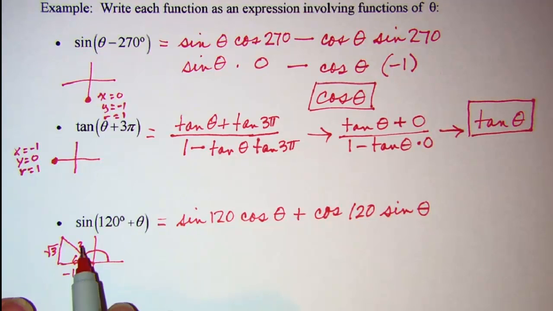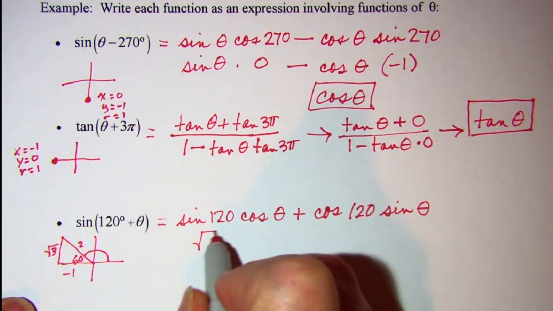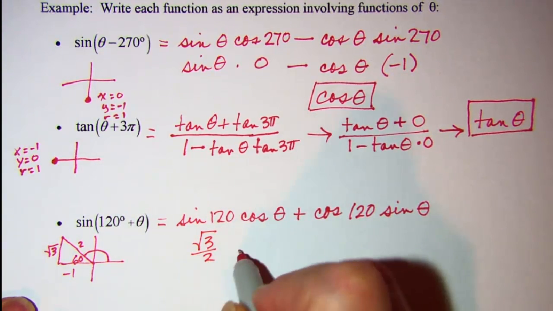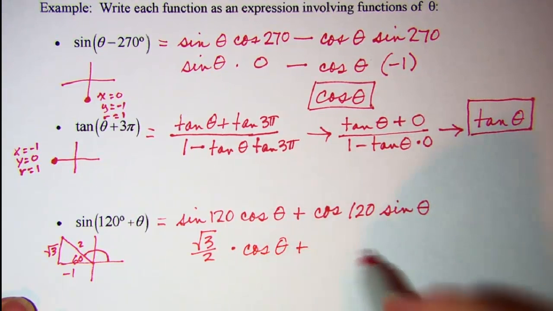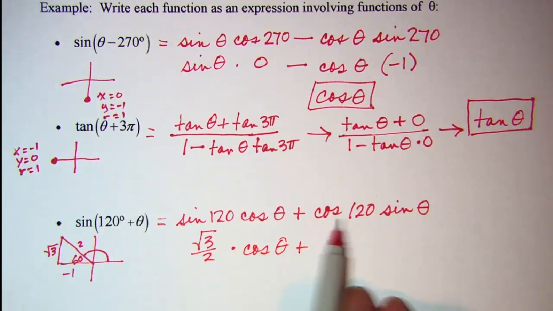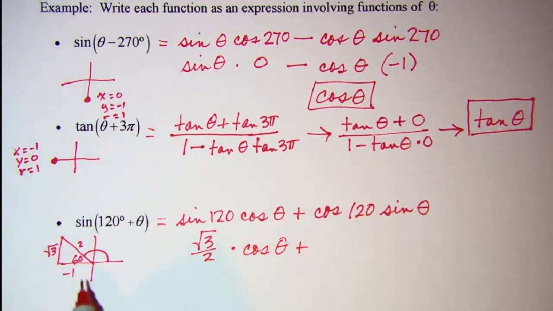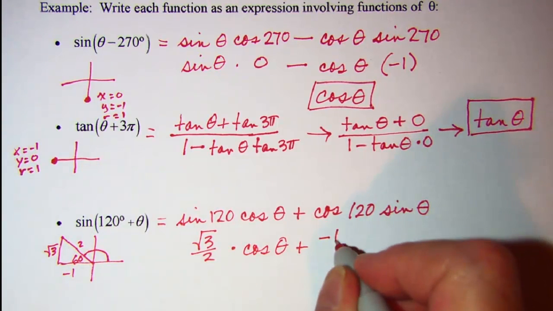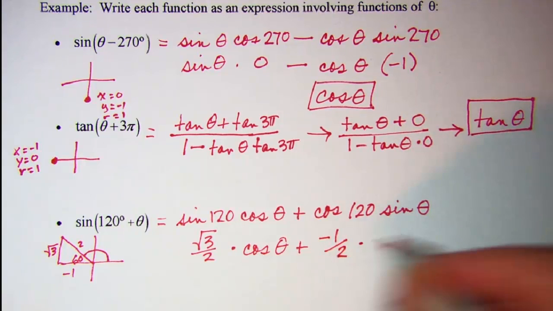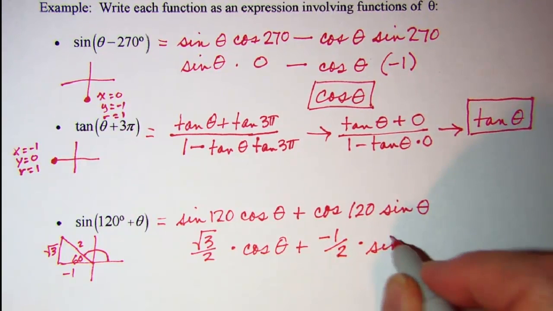So we have root 3 over 2 times the cosine of theta plus. And then the cosine of 120, cosine is defined as adjacent over hypotenuse. So that'll be a -1 over 2 times the sine of theta.